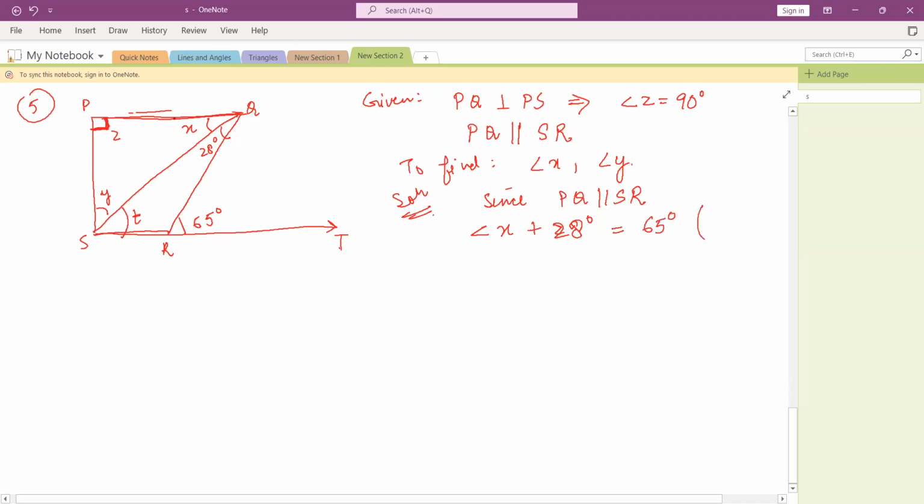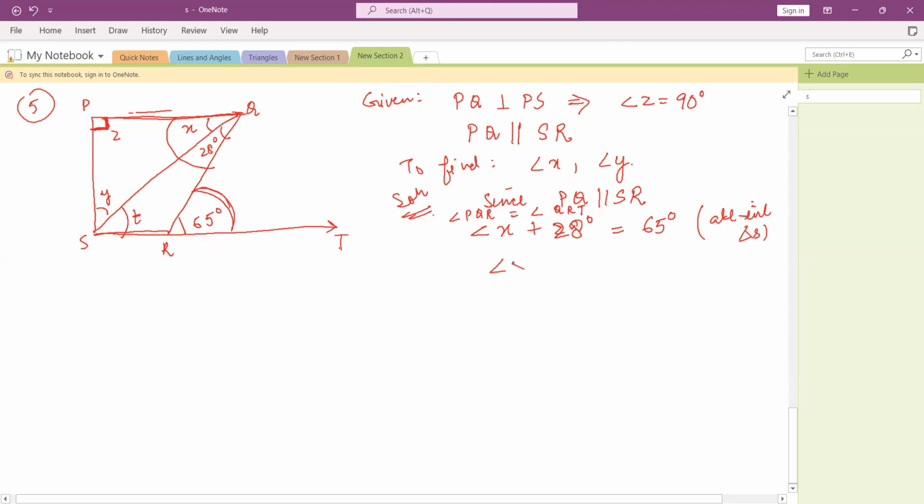Because this whole angle, I mean this complete angle, is equal to this complete angle, right? So these are alternate interior angles. Or you can simply write the names first in the first line. You can write angle PQR is equal to angle QRT. You can write it like this, and in the next line you can do it.